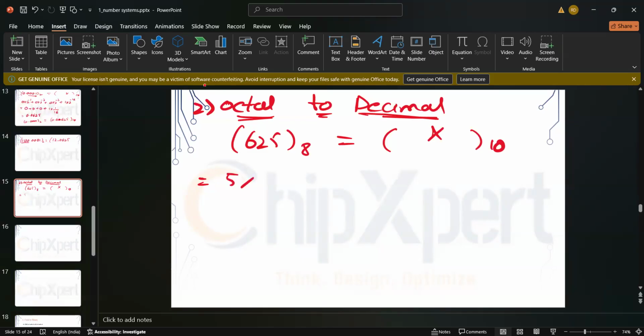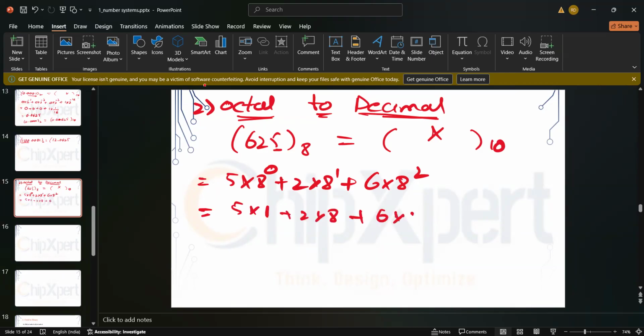That means 5 into 8 power 0. For this first digit, I am going to add a weight, which is 8 power 0, plus 2 into 8 power 1 plus 6 into 8 power 2. So what is 5 into 8 power 0? It is 5, plus 2 into 8, plus 6 into 64. So 5 plus 16 plus 64 into 6. So what was the value you will get?